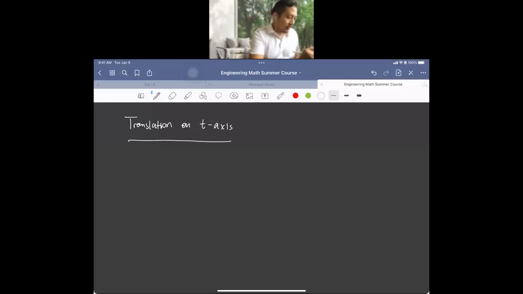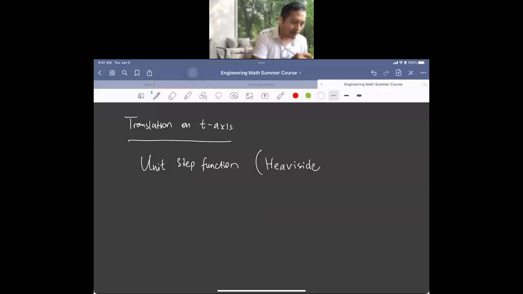So first is the idea of the unit step function. We also call this the Heaviside function. So what is the Heaviside function or unit step function?